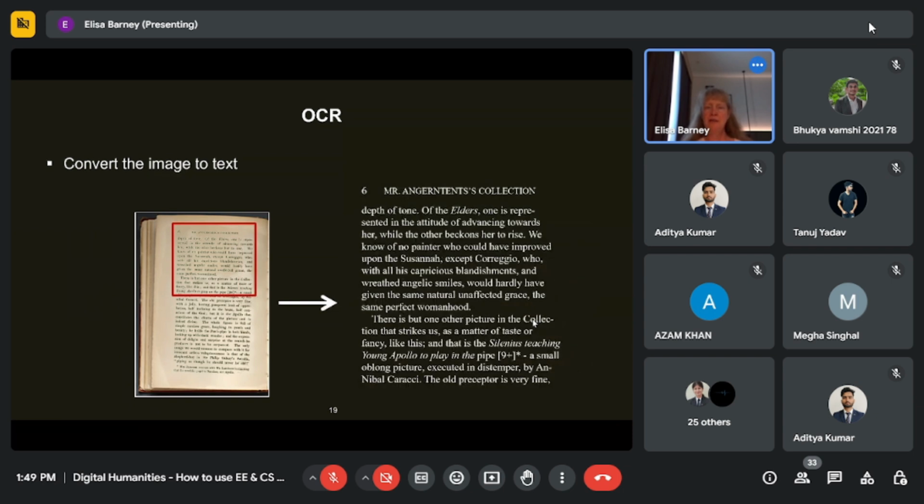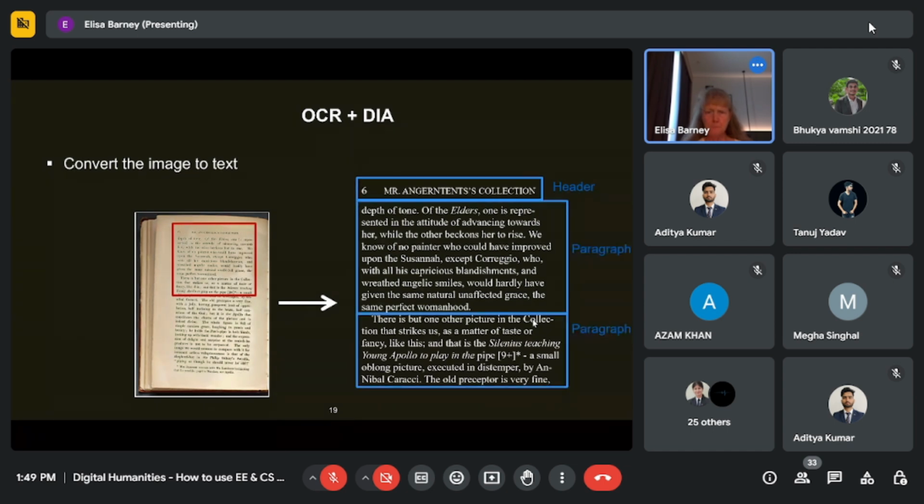If we go with that text, we can then also add formatting to it. What are the fonts? Is something italicized or in bold? Where are there indentations? Where are there capital letters? Where are there lowercase letters? And within document analysis, we then expand that to say that here, for instance, is the header on a page of a book. So it's not the continuation of a story, but it tells you information about what follows behind.